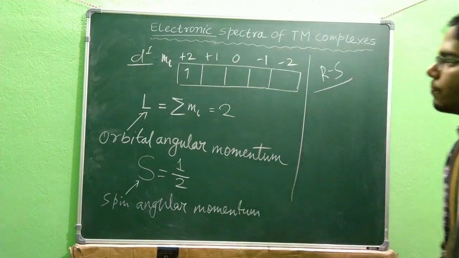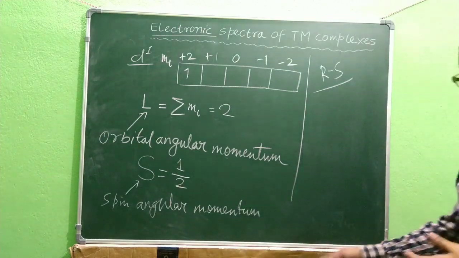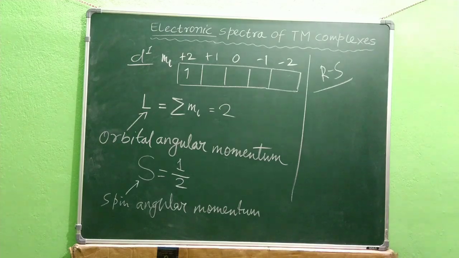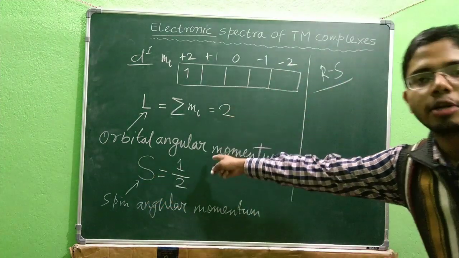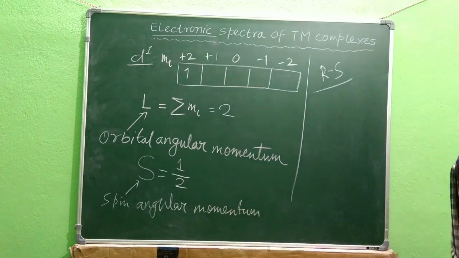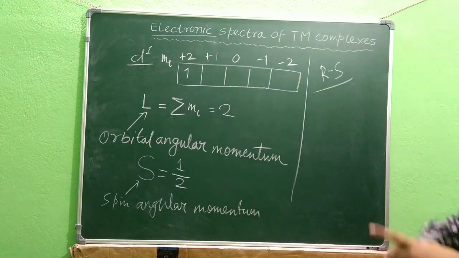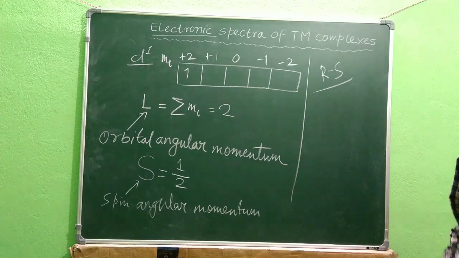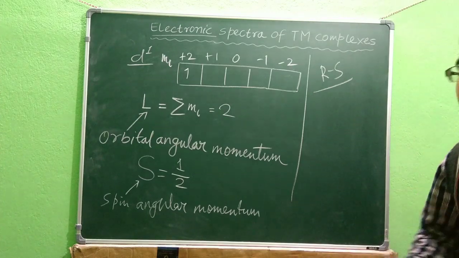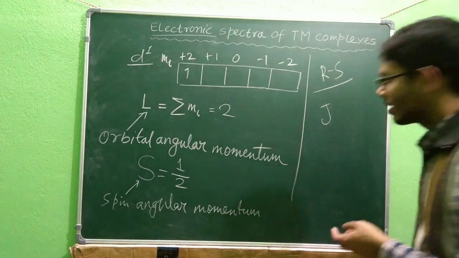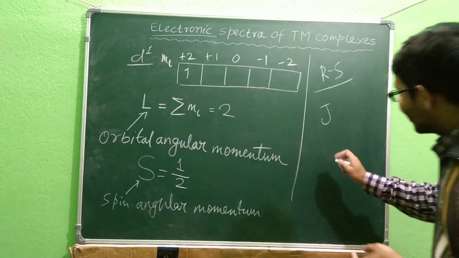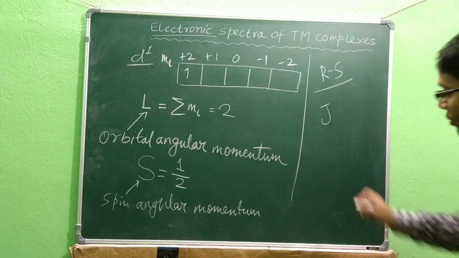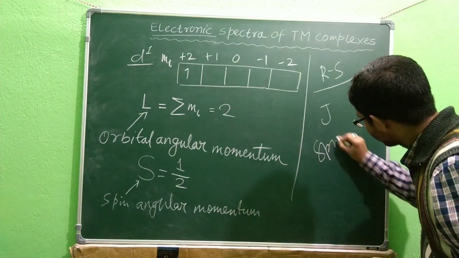Deviations come as you go to the heavier elements. These two momenta, orbital angular momentum and spin angular momentum, can couple and give rise to a new quantum number J. That is your spin orbit coupling. So this quantum number is associated with spin orbit coupling.